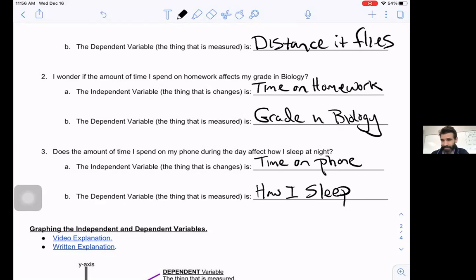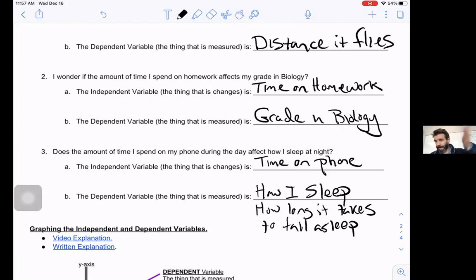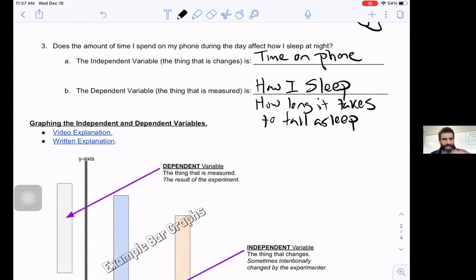So you could maybe use that score, or you could measure how long it takes to fall asleep. But basically something about your sleep is what you're measuring. So the independent thing, the thing that you can change, is the amount of time on your phone. And the thing that we're going to measure is how we sleep. And again, we probably want to make that quantitative with numbers. You could think about how you'd want to do that for your experiment, but that's a little bit beyond what we're talking about here.